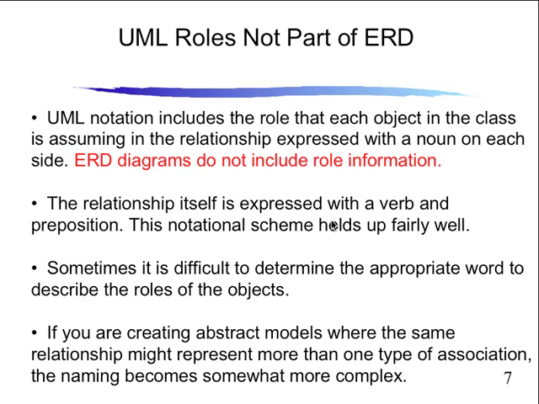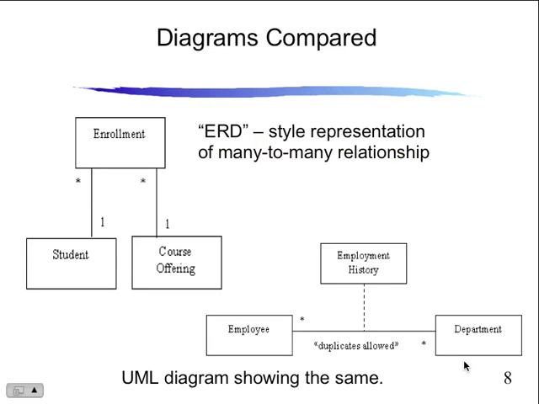So if you're creating abstract models with the same relationships, might represent more than one type of an association, the naming becomes somewhat more complex, as we've seen in that kind of similar example. And here are two diagrams that are compared, which are kind of interesting. And we have entity relationship style representing a many-to-many relationship, where we have a student and there's an enrollment, maybe an academic transcript or something.